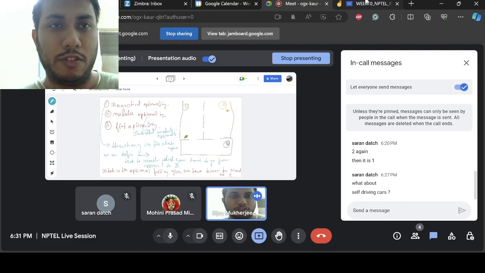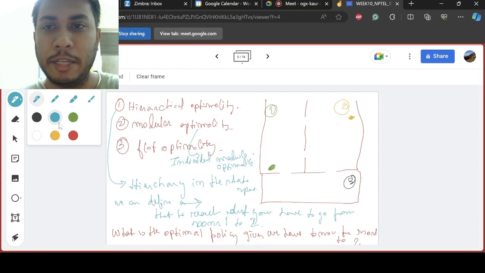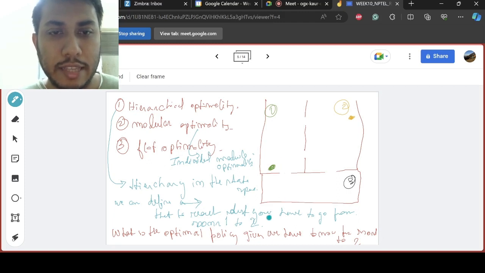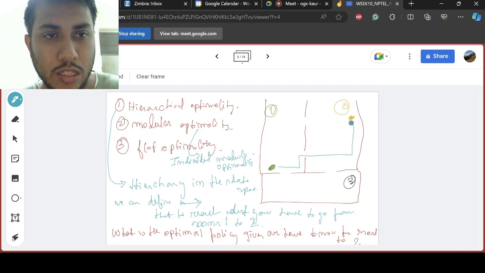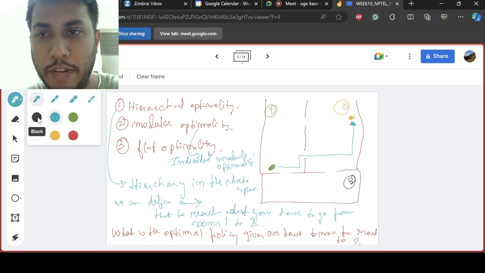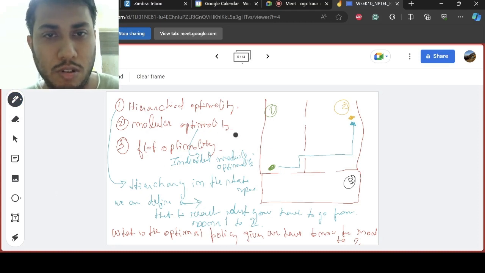Here arrives the major difference. In this case, I have to think that I have to go from room 1 to 2, and based on that I will find the optimal policy. The optimal policy can be something like this, right? And in the second case, the optimal policy can be like this, the modular approach.